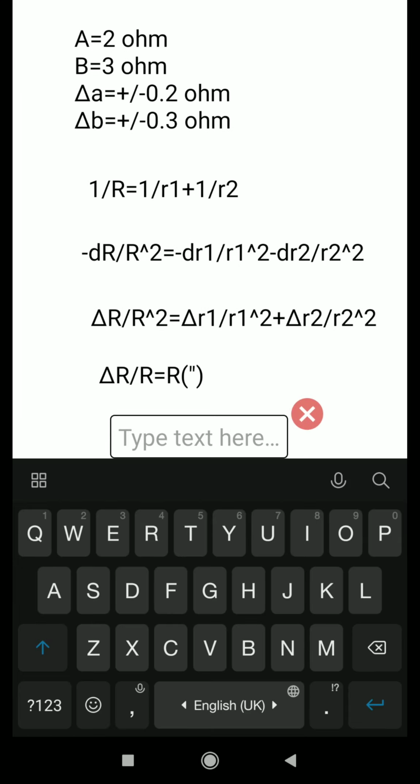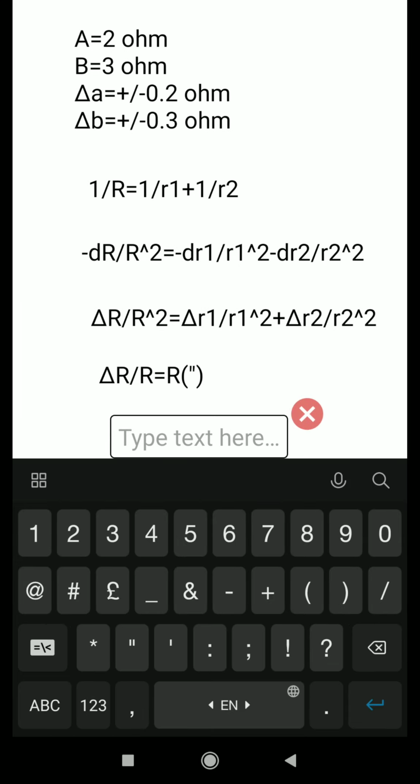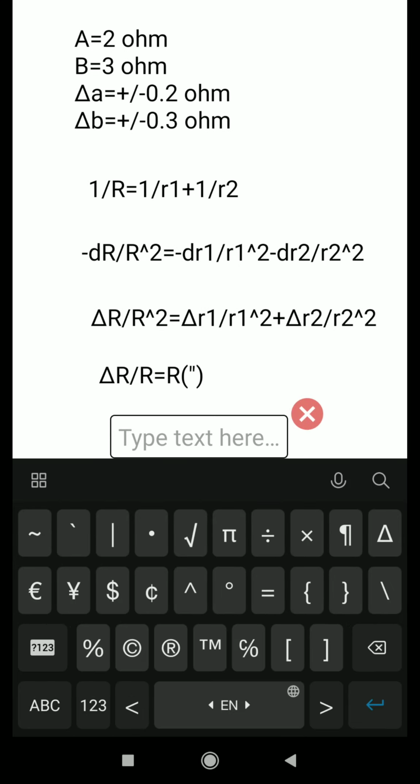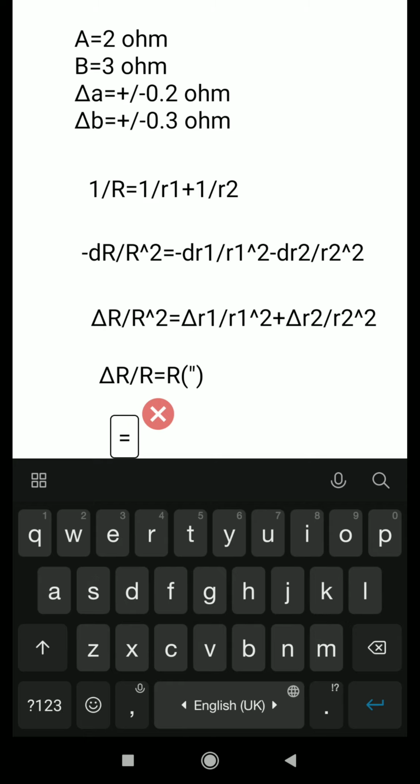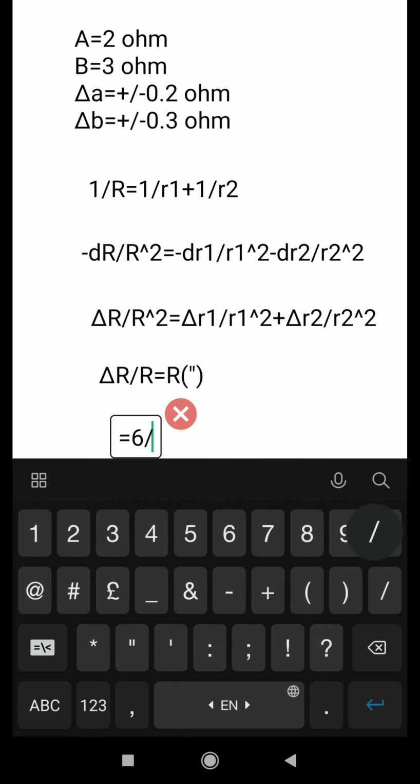So this equals 6 by 5 into del R1, that is del A, which is 0.2, and R1 square is A square, that is 2 square.